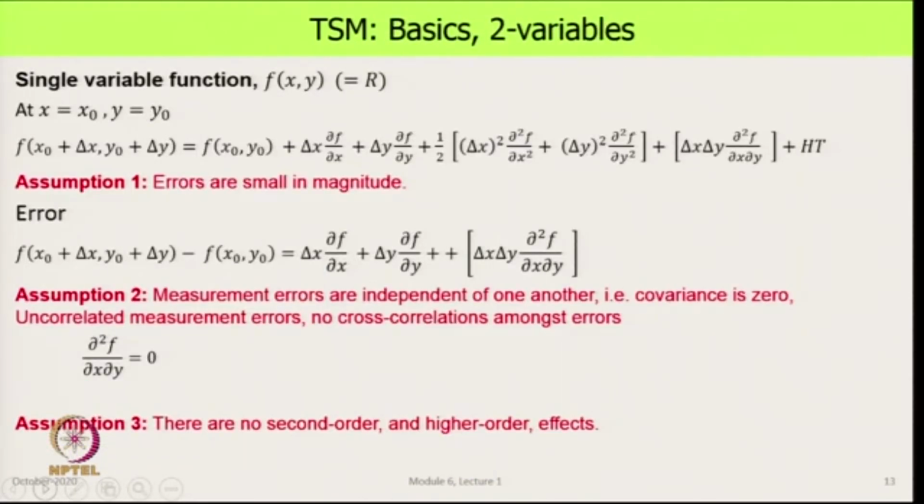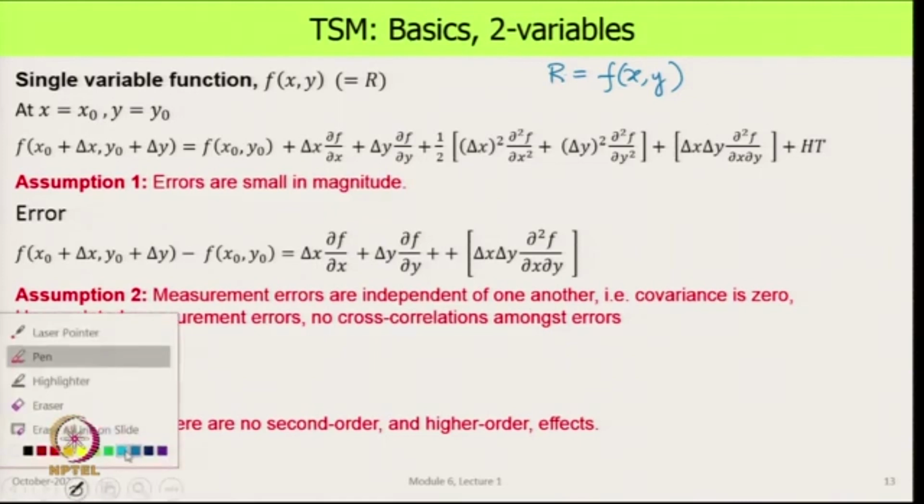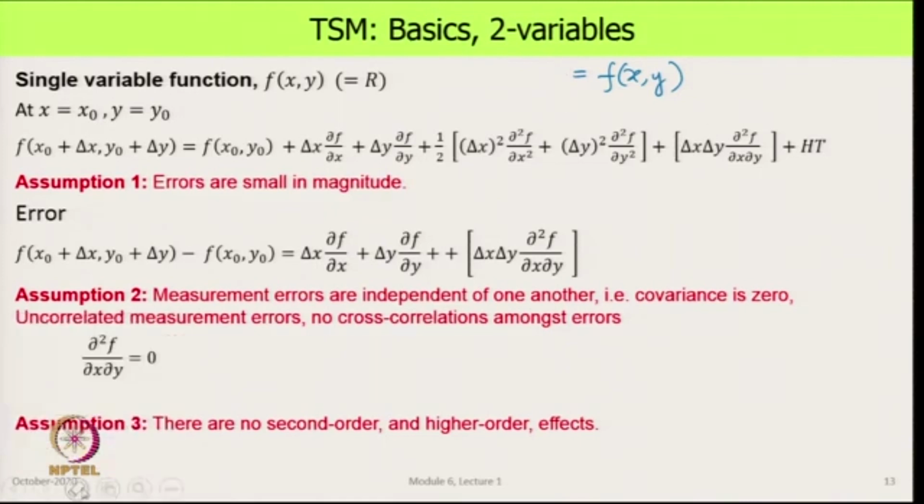Now, we go to the case where the result expression r is a function of two variables. I have started here by putting it as f is a function of x and y, or in our terminology this will be r, a function of x1 and x2.